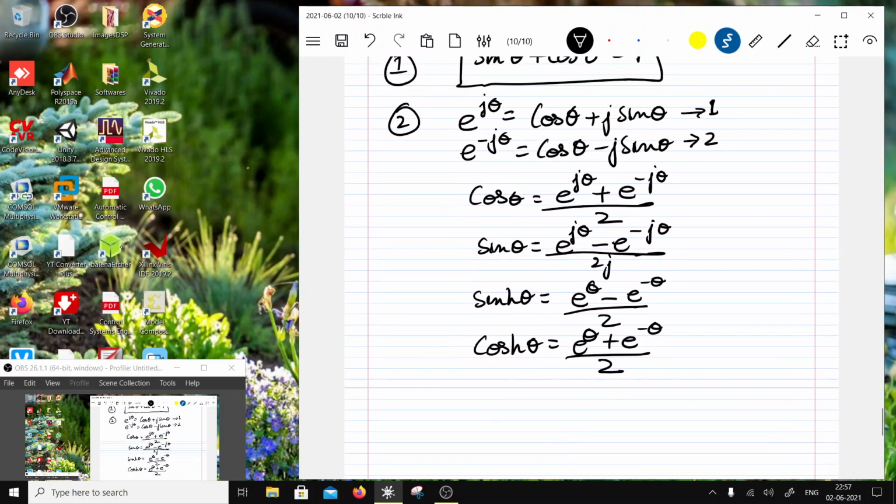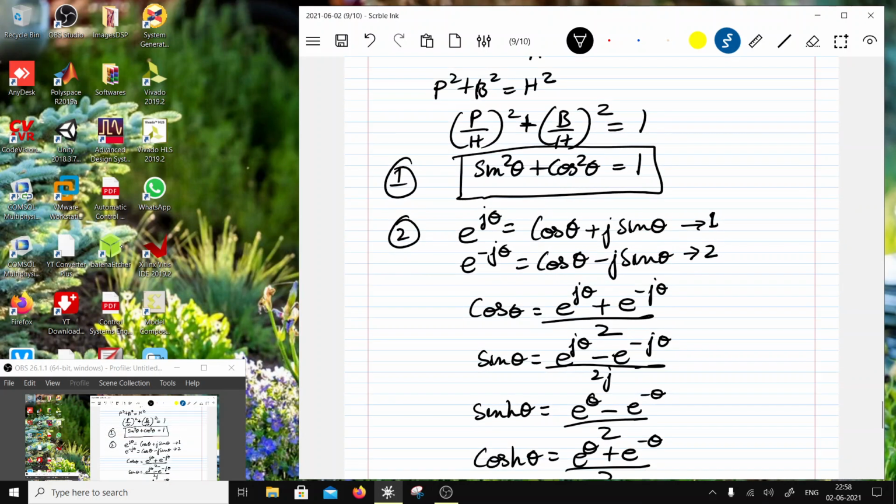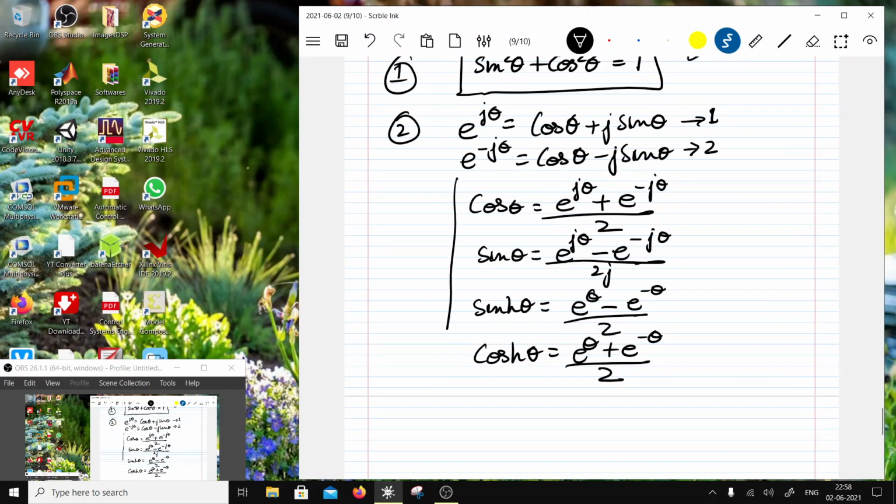Okay, so these are the basic Euler's identities, right?